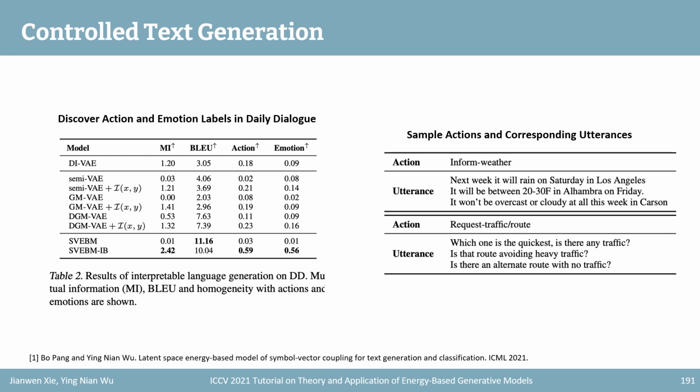For example, in unsupervised learning, we can actually discover the action and emotion labels in daily dialogue, so that we can sample the actions and the corresponding sentences. For example, the action may be inform weather, or the action may be request traffic, and then we can generate those utterances or sentences.